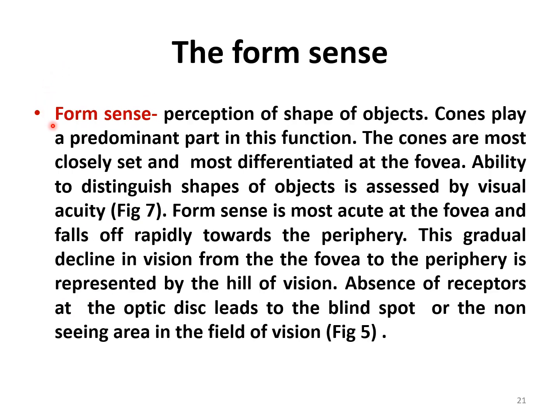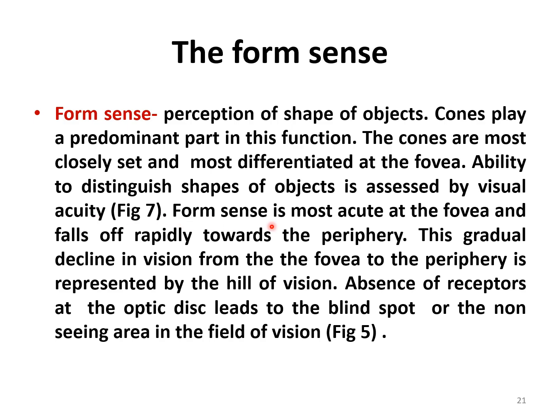Form sense is the perception of shape of objects. The cones play a predominant part in this function. The cones are most closely set and most differentiated at the fovea. Ability to distinguish shapes of objects is assessed by visual acuity.